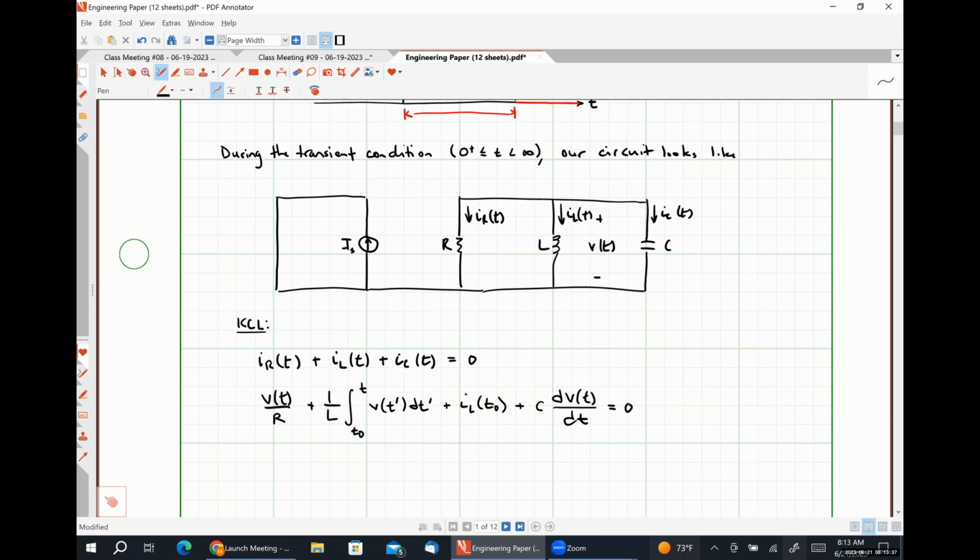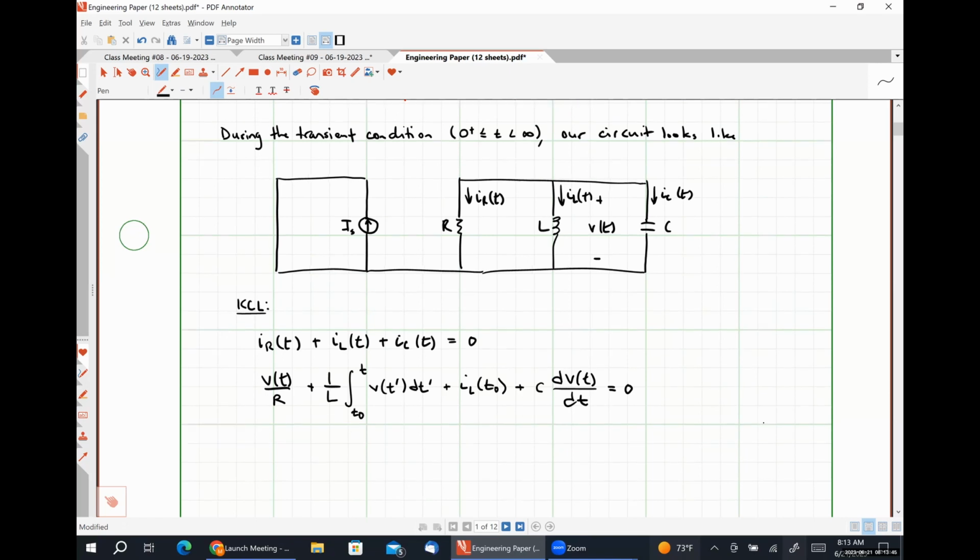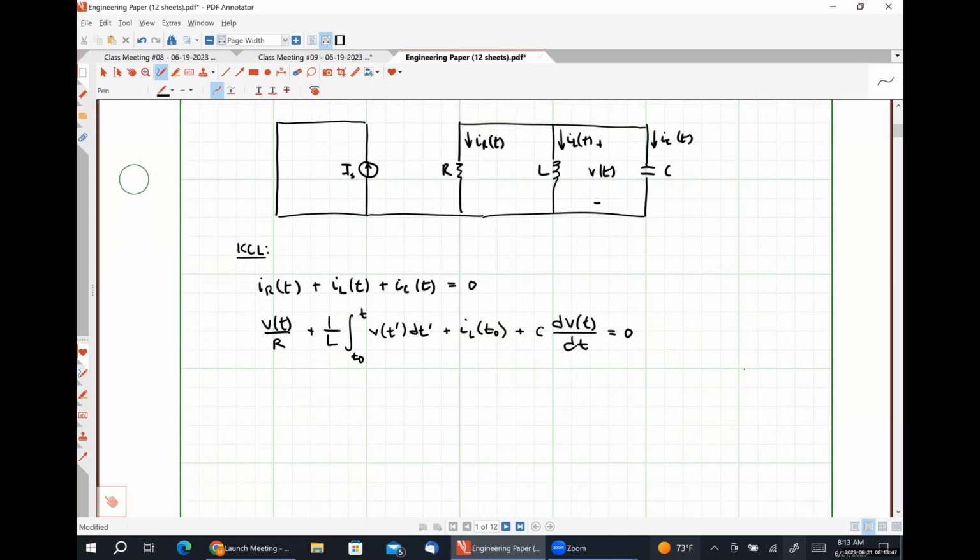So what we are going to do is take the derivative of both sides of this expression. When I take the derivative of C dV by dt with respect to time, I wind up with a term that is the second derivative of the voltage with respect to time. Rearranging here a little bit.